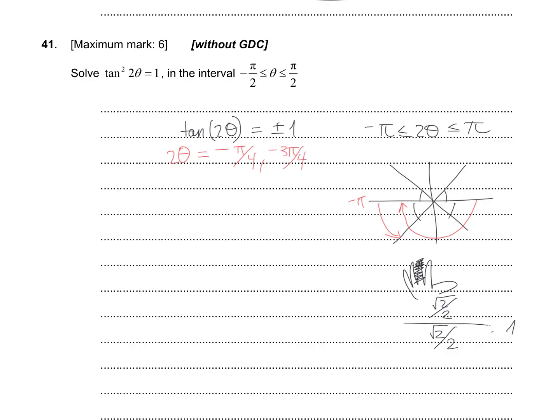And it's just going to be the positive signs for 0 to pi. So it's going to be at pi over 4 and pi minus pi over 4. So 3 pi over 4. So then we divide by 2, so we have -pi over 8, -3 pi over 8, and I'm just going to do plus or minus because it'll be the same.